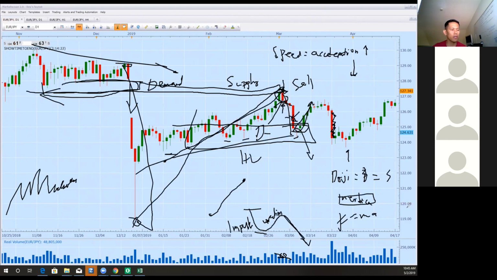Mass times acceleration. Mass is simply the volume times the speed of price to the upside or to the downside. Like this one has a lot of force. See, look at that. You can calculate its force mathematically based on its science. So mind you, I'm now talking here about advanced technical analysis.